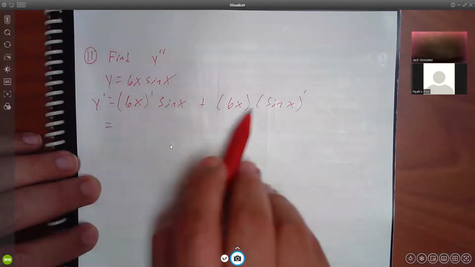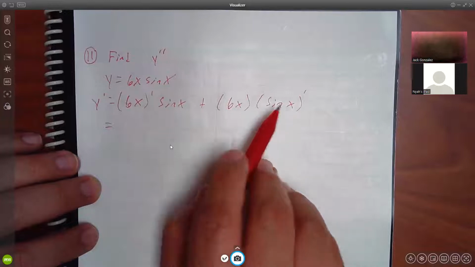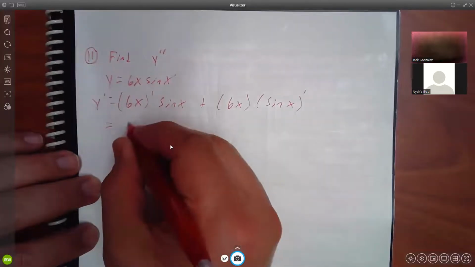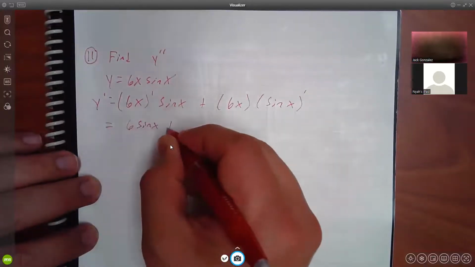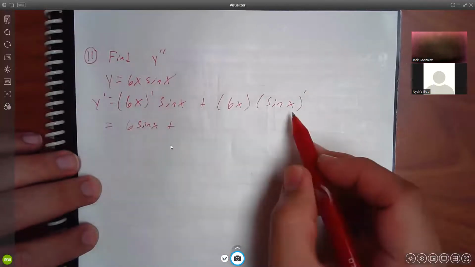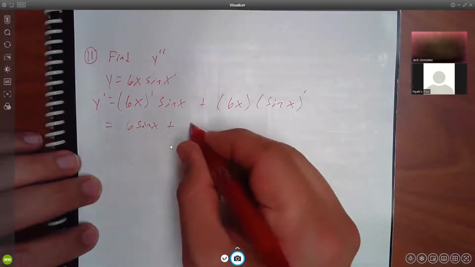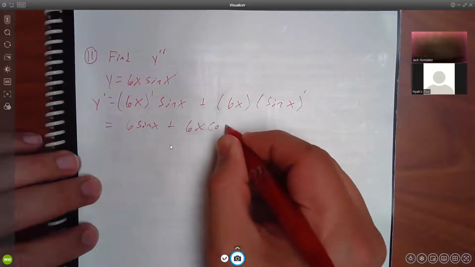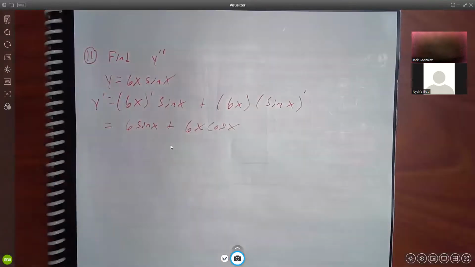Here, I'm just setting it up so you can see. This will be 6 sine x plus, derivative of sine is cosine, so this will be 6x cosine. Please have all the inverse trig and trig derivatives memorized or on your formula sheet.